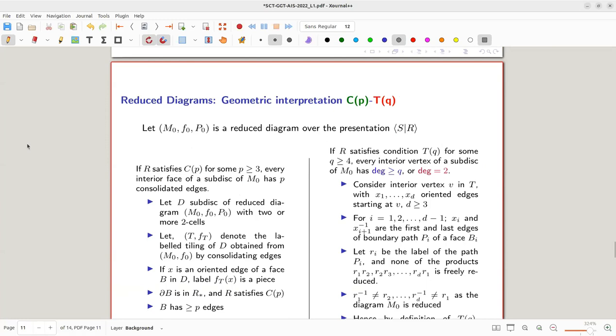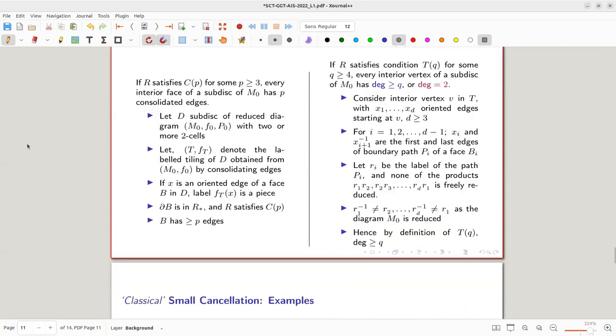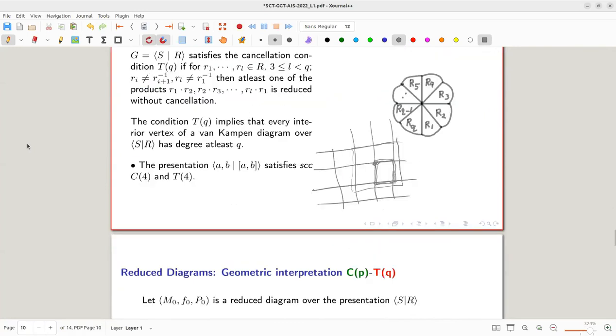You can have degree 2 if you have exterior vertices. So M naught can have exterior vertices, just like one on the boundary. If you have a vertex here, you see that this vertex has degree 2. So what this assumption is saying is that you just go to an interior subdisk, and by passing to a subdisk, you ensure that your vertices are all like that.